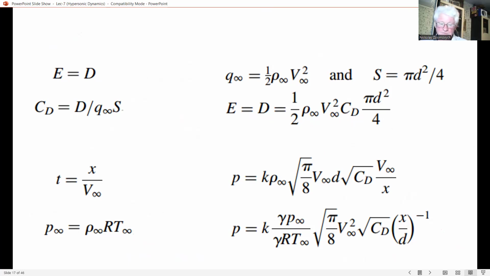And also, from the equivalence principle as embodied in the previous equation, we can find that t is proportional to x over V infinity.